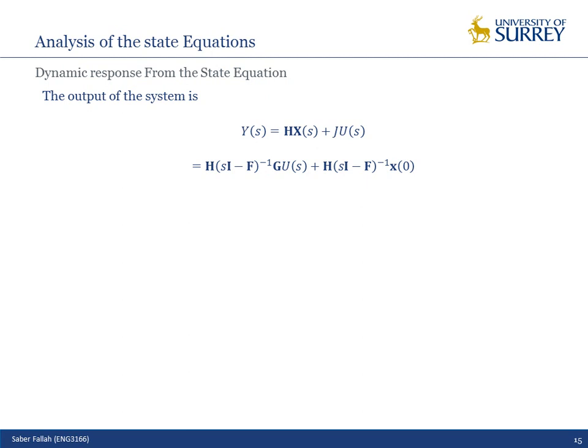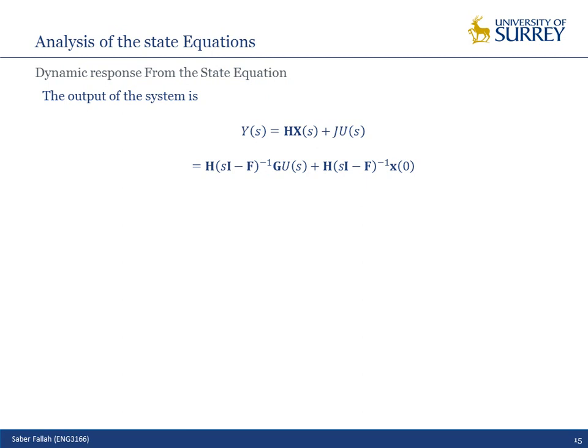So I have Y(s) and I have U(s). If I want to find the transfer function Y(s) over U(s), how can I do that? What was the main assumption for finding the transfer function? What was the transfer function definition? All the initial conditions are zero.